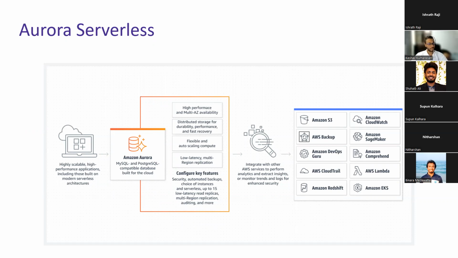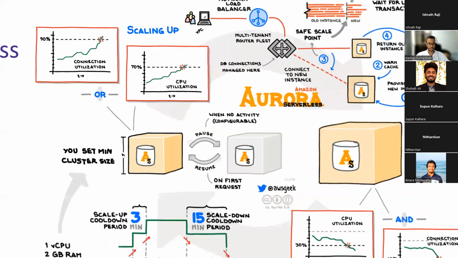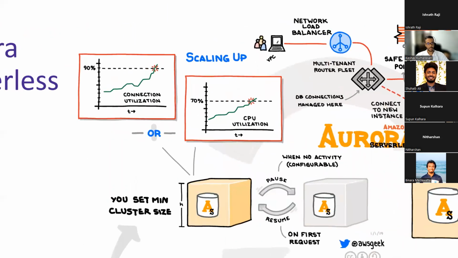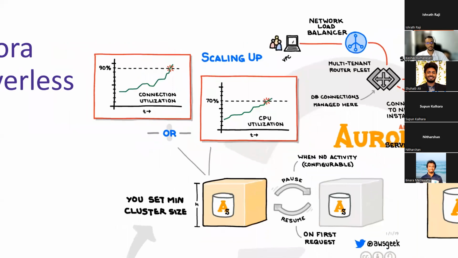And if you think your instance is going to be heavily used by other services in AWS as well, then Aurora serverless is a no-brainer, because it's going to manage everything for you, scaling up and down for you as well. That's also shown nicely in this infographic, where you can set, for example, that when it hits 70% CPU utilization, then scale up, or when there's 90% connection utilization, then scale up.